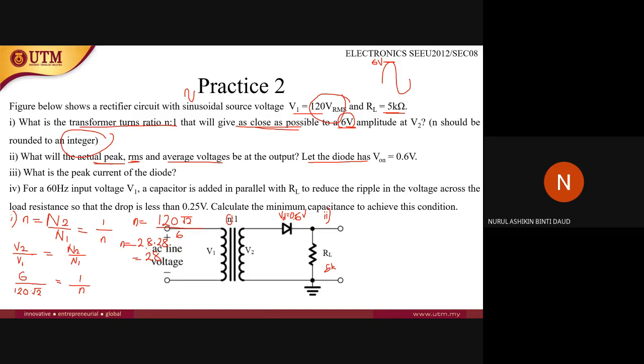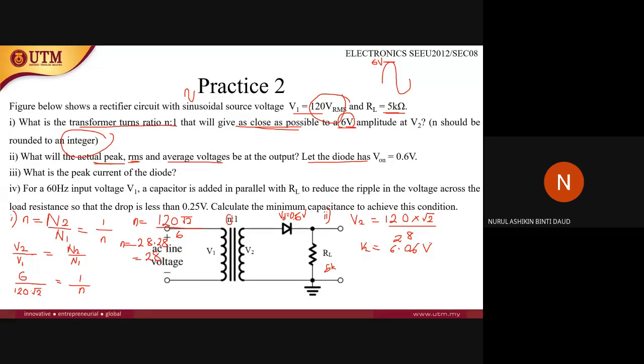So V2 equals 120 times square root 2 over 28, since the N2 value is 28, okay? So you will get the value of V2 is 6.06 volts.